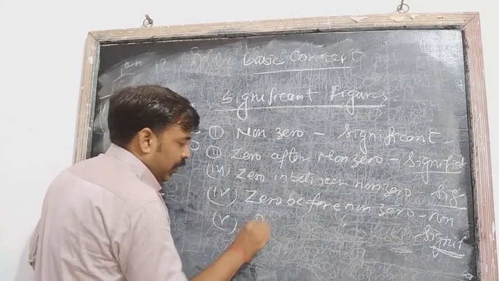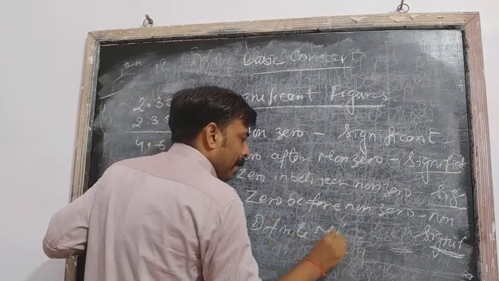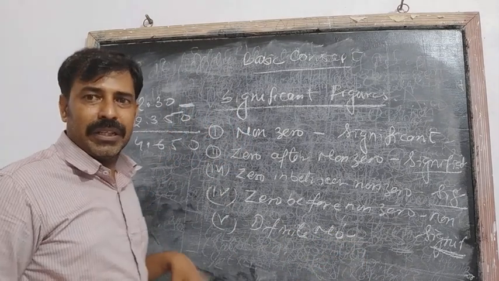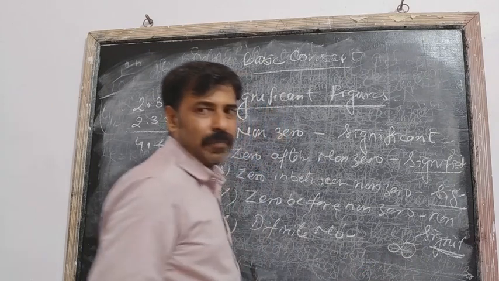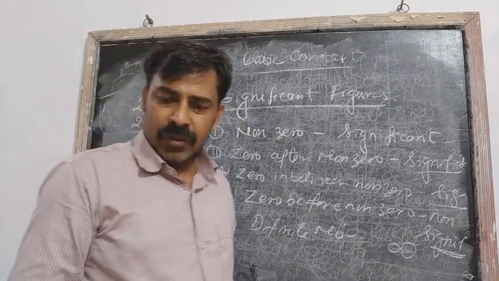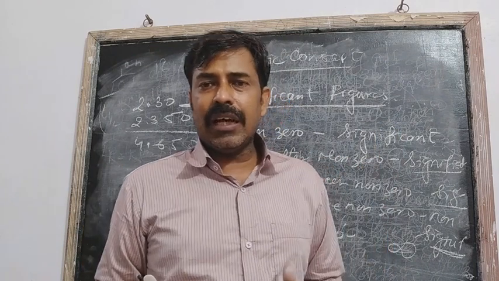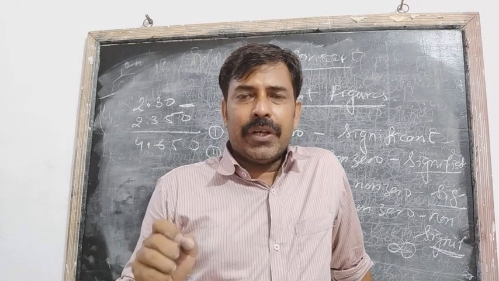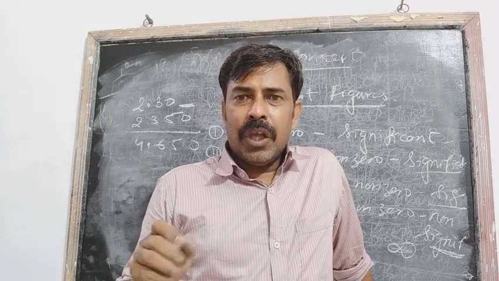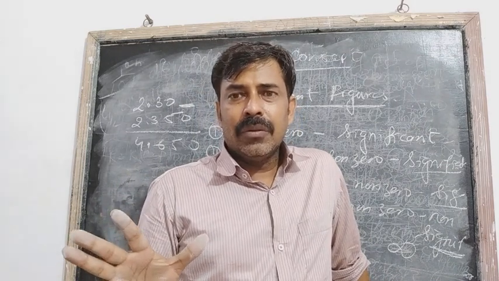But in the case when a definite number is there, how many significant figures will be there? The number of significant figures will be infinite. Why is it so? If I am saying there are 50 students in the class, it means the 50 is a very definite number. If I am saying 50 centimeter, that is not a definite number. Why?